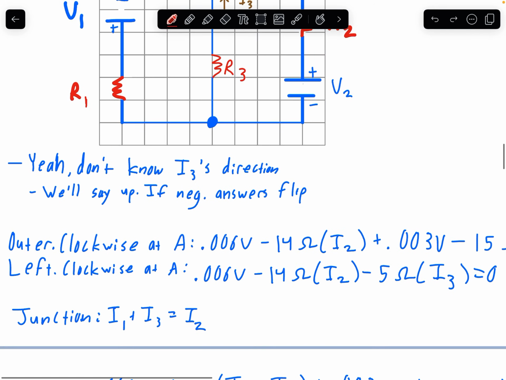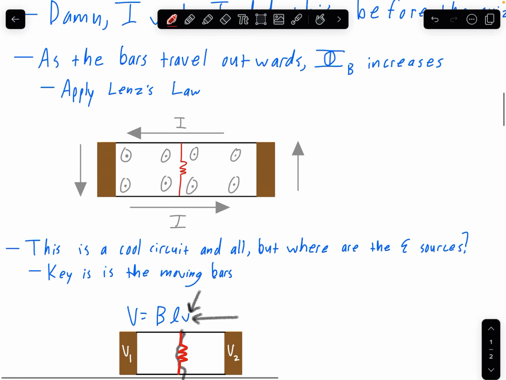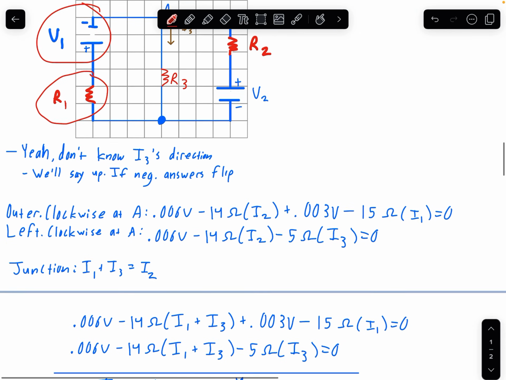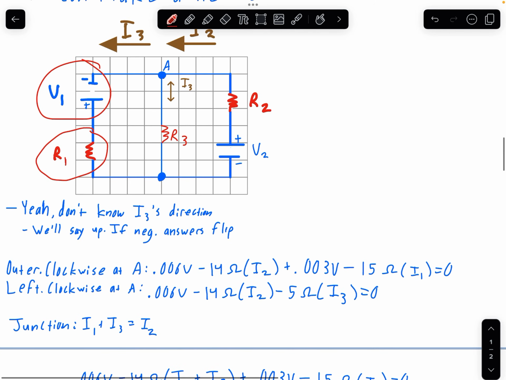Then I did my loop rules, starting with the outer loop, and let's travel clockwise from this point A. So we have plus V1, and then minus R1 times I1. Wait, did I do this? Give me a second. Oh, I did, I just mislabeled a couple of things.